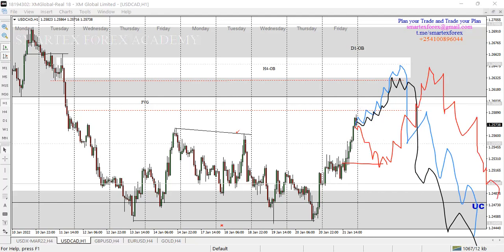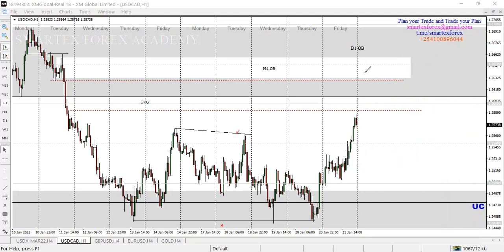You see that there are different reactions that you may expect, but for me the most important zone is up here. For my swing trade, this is the most important part, because we may say that this is a break of structure, so we expect a return to this discount array.